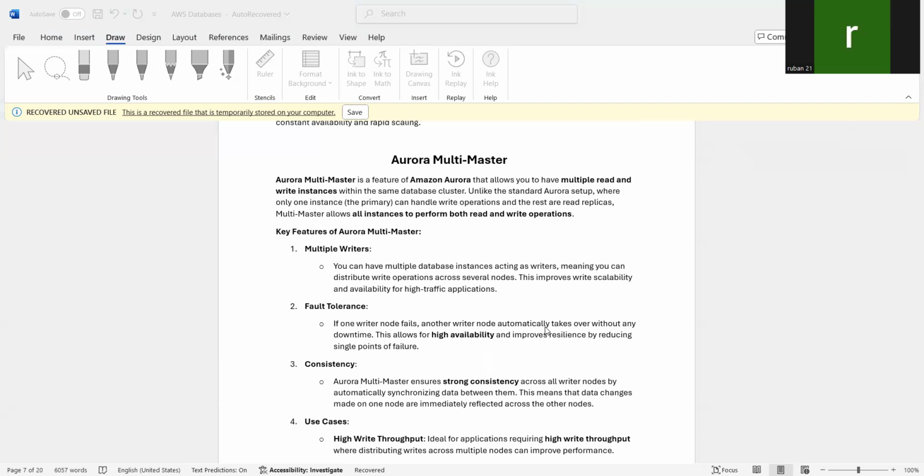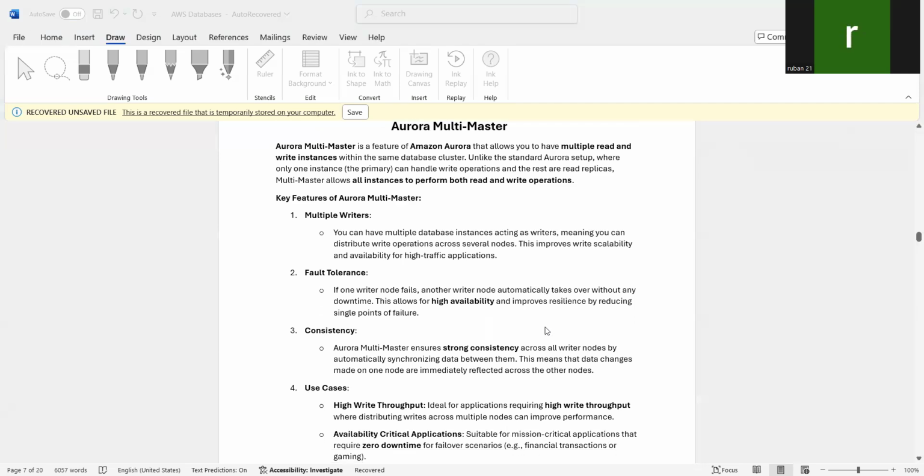The primary handles both read and write, and the rest are read replicas. In multi-master, all instances can perform both read and write operations.